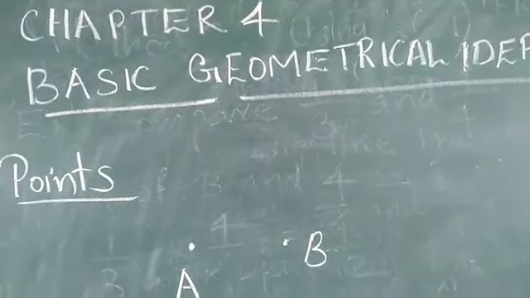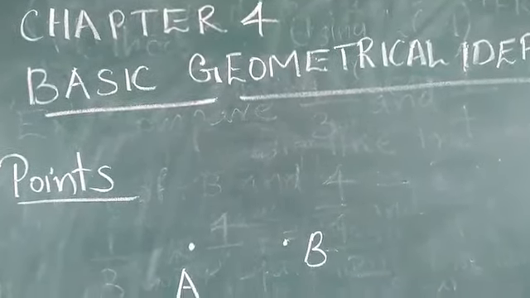So we can use a line segment to connect 2 points. That means a line segment is the shortest distance between 2 points. Understood? How many endpoints here for this line segment AB? Here one endpoint, here one endpoint. So, line segment has 2 endpoints.